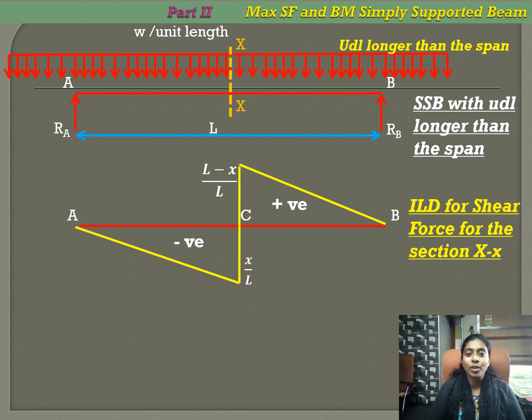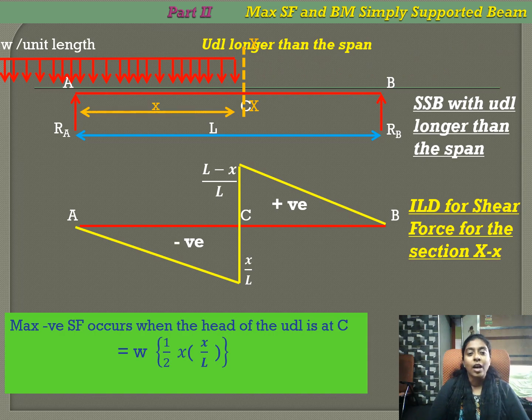The maximum positive ordinate is (L minus x) by L and the maximum negative ordinate is x by L. Now, the maximum negative shear force is obtained when the head of the load is at C. It will be the product of the intensity of load and the area under the load, that is W into the area under the load in the influence line diagram, half into base into height. It is a triangle.